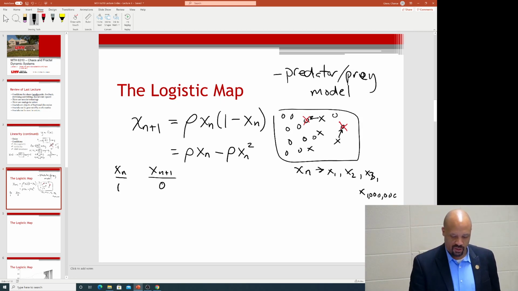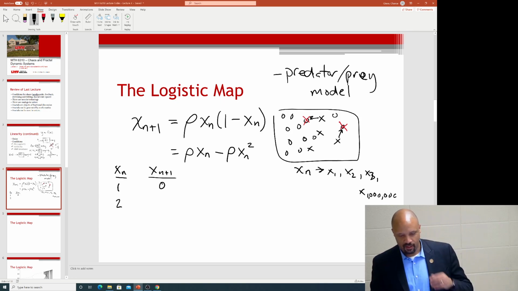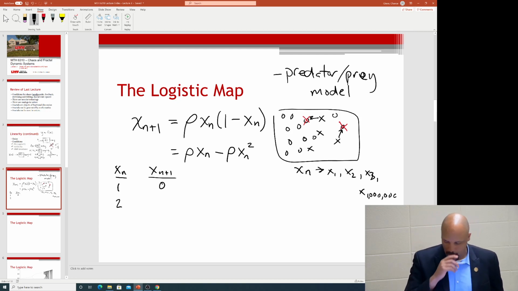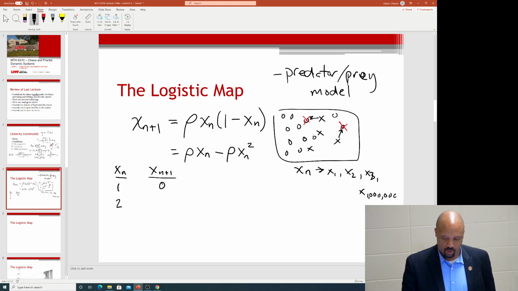Let's use 2, just so that 1 is easy to calculate, and 2 is something that we can figure out. All right. So here, rho times 2, and that's 2 rho minus rho squared, which is 4.